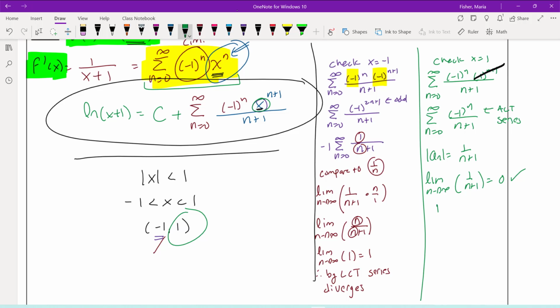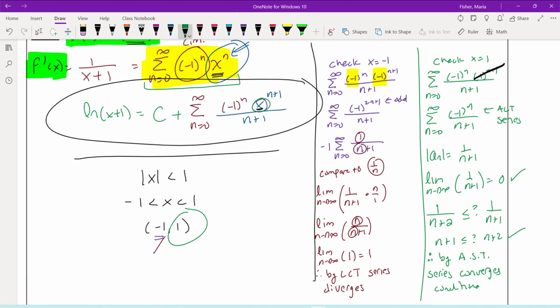So a sub n plus 1 would be 1 over n plus 1 plus 1, or n plus 2. Is that less than or equal to a sub n, which is 1 over n plus 1? I'm not sure. Cross multiply. Is n plus 1 less than or equal to n plus 2? Absolutely. Therefore, by that alternating series test, our series converges.